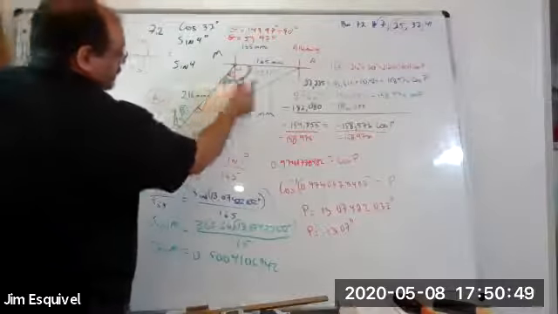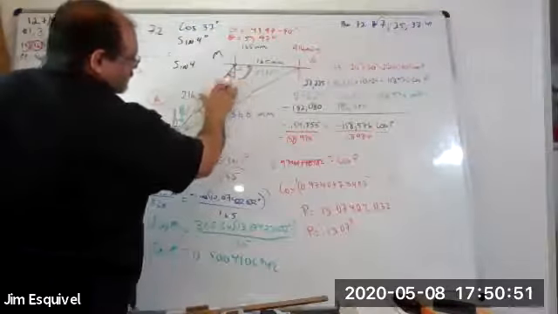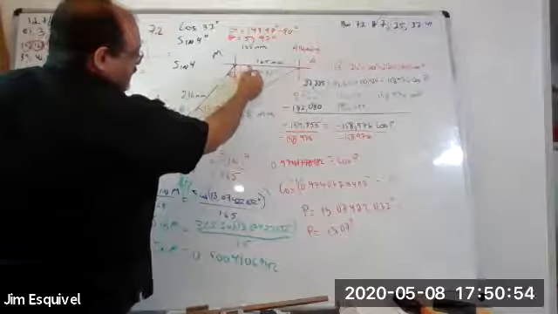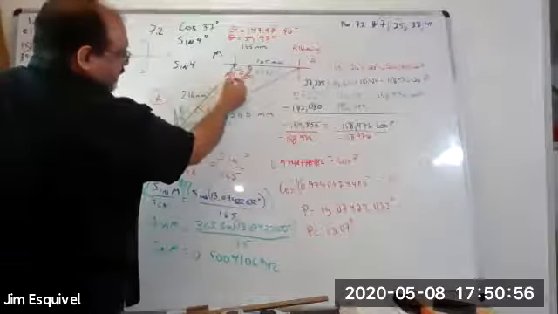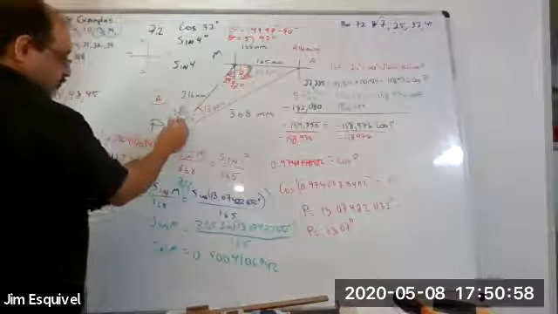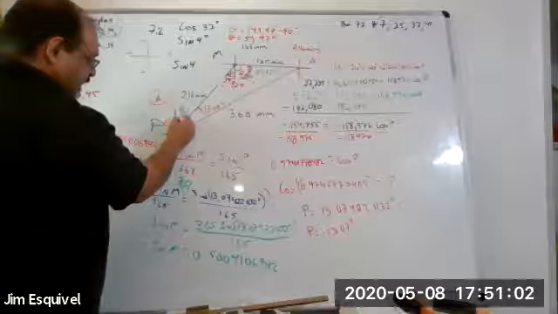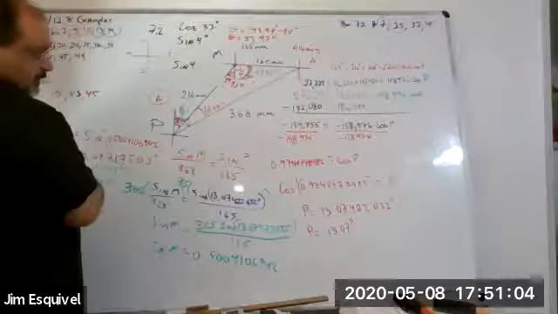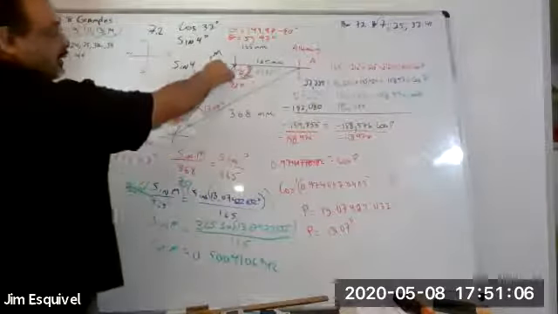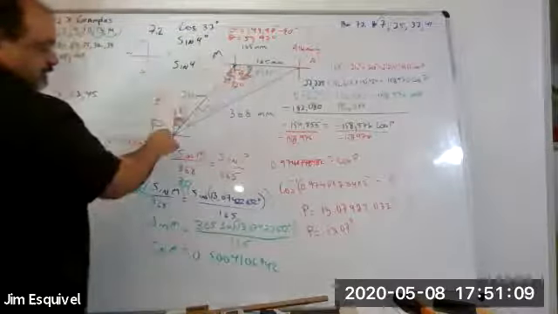So this is 90 on that side, and this is 59.97 over here. So right here is 59.97.